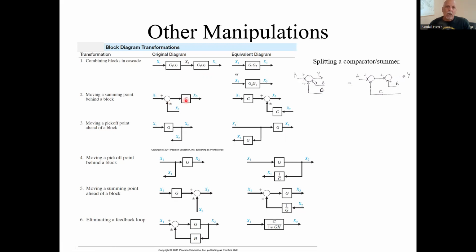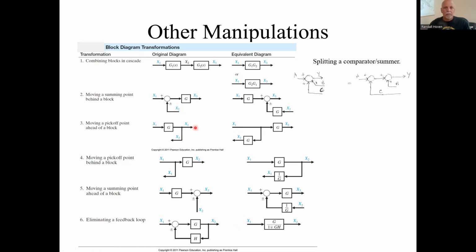Here I go the other way. I'd like to move this gain in front of the comparator. So I would have to multiply this signal here by g to make it come out right. If I move this g over there, I got to put a g down here. Convince yourself of the algebra of that. I'm not going to go through each of these.